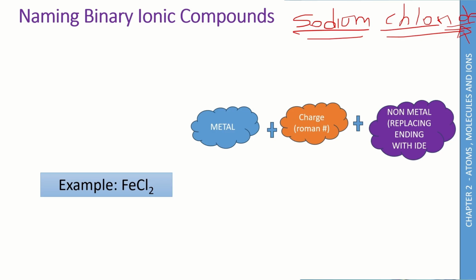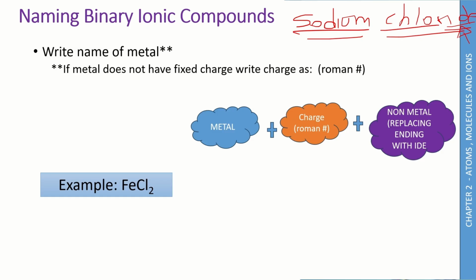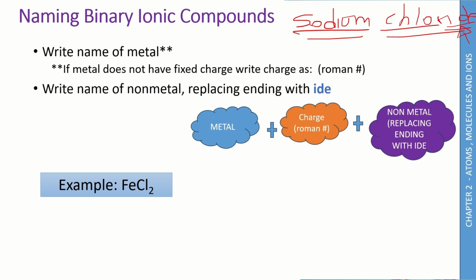If you have metals that have a different charge, of course, what are we going to do? Yes, we represent that, show that charge using Roman numerals. So let's go. Write the name of the metal. If the metal doesn't have a fixed charge, write the charge as a Roman numeral. Write the name of the nonmetal, replacing the ending with -ide.